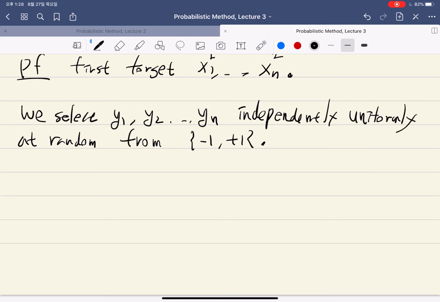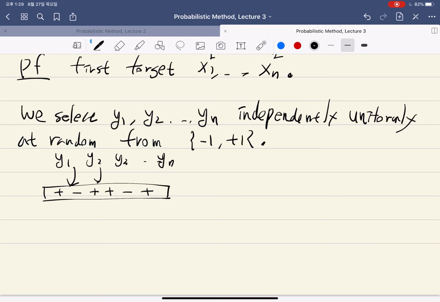Then you have this ith row: plus, negative, plus, plus, negative, plus, whatever this was. Once you multiply this by y_1, y_2, y_3, and so on, then each entry on the row is either plus 1 or minus 1 with probability half, in an independent way.